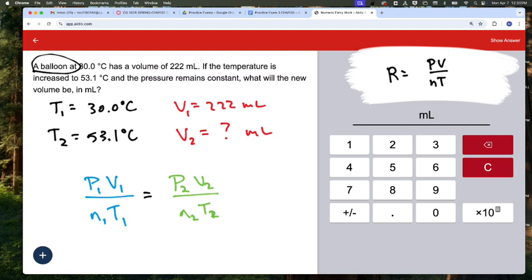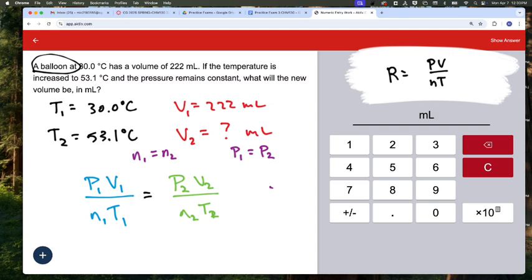I didn't change them, which means N1 equals N2. The other part of this sentence is that the pressure remains constant, which means P1 equals P2.